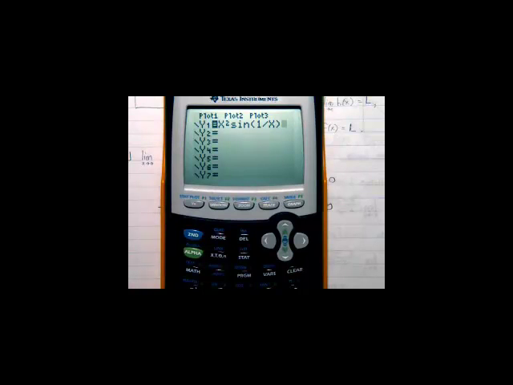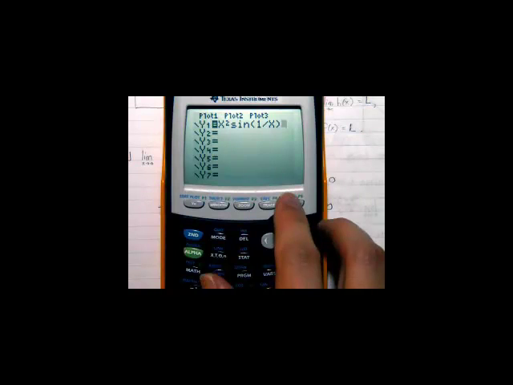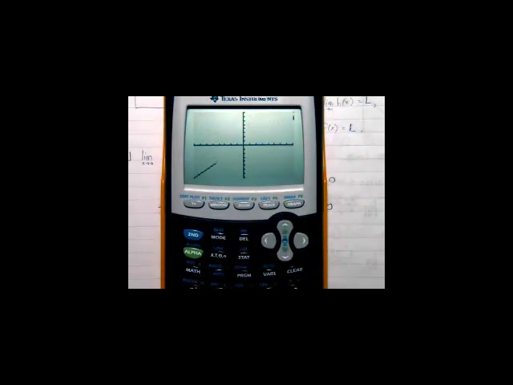And we're looking to see at 0, what is it approaching? Remember, it's not going to have a value there, right? If I try to put 0 right there, it doesn't work. But we're looking for the limit as x approaches 0. And it does appear to be doing that.